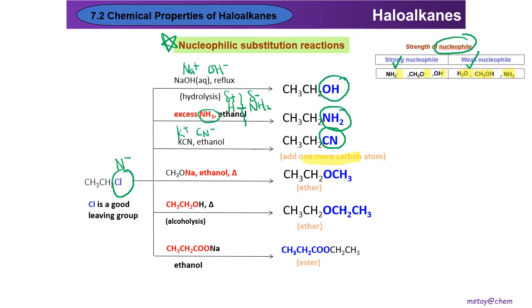The next one is CH3ONa, so we will produce CH3O- and Na+. As long as we can see Na+ or K+, basically all these are strong nucleophiles.